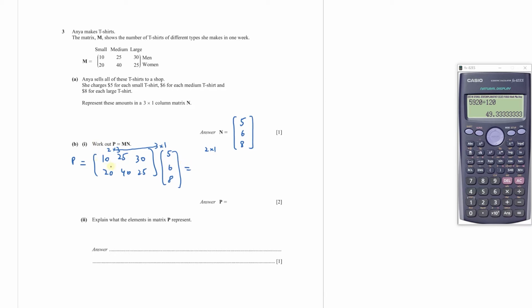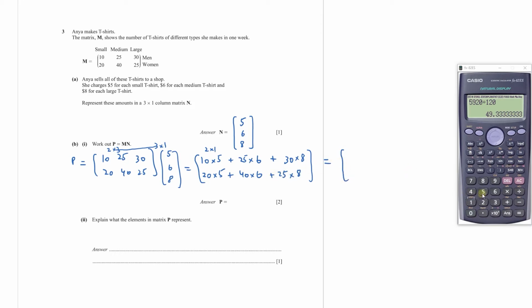So let's find the product. You multiply the first row with this column. So you will get 10 times 5 plus 25 times 6 plus 30 times 8, which will be your first row. And the second row will be this second row multiplied by the column: 20 times 5 plus 40 times 6 plus 25 times 8.